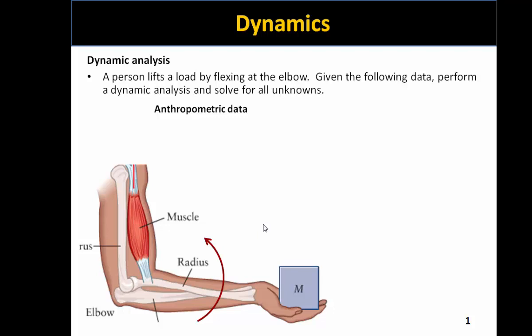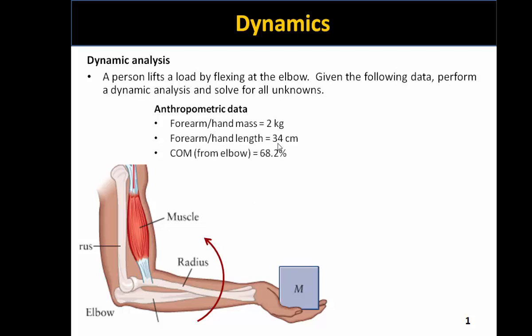These are data that will describe the structure and the basic properties of the system of interest, which is the forearm and the hand. Now, we start with the fact that the forearm and hand has mass, and that mass is 2 kilograms. The length of the forearm and hand in our problem is 34 centimeters, that we have to convert, of course, to meters.